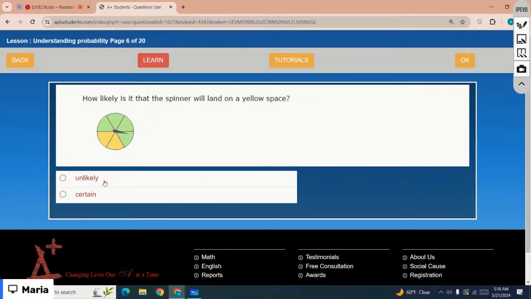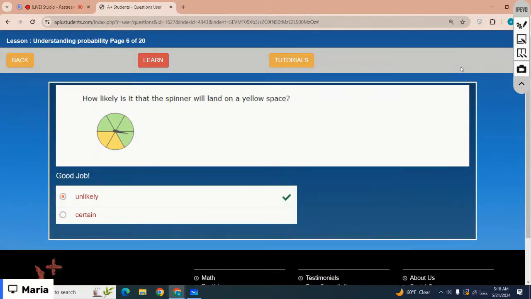That is unlikely because yellow is the smaller portion than green, so it would be unlikely.